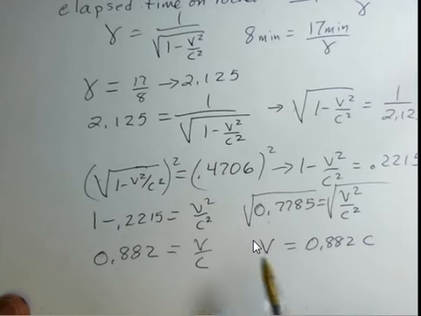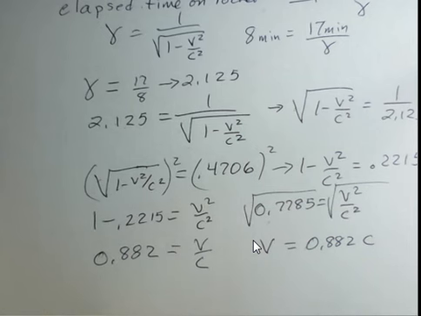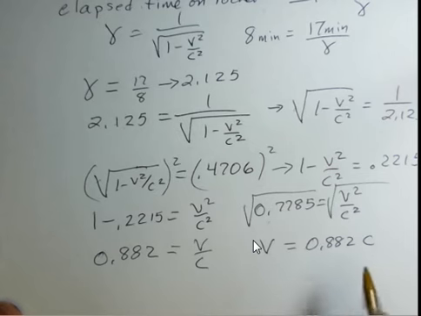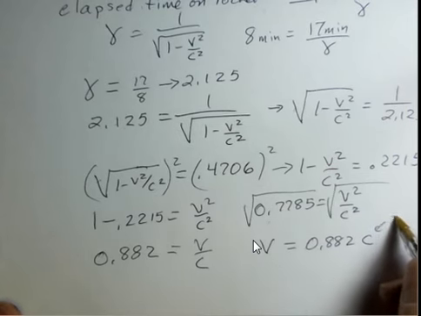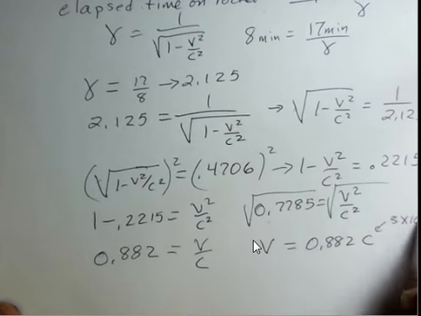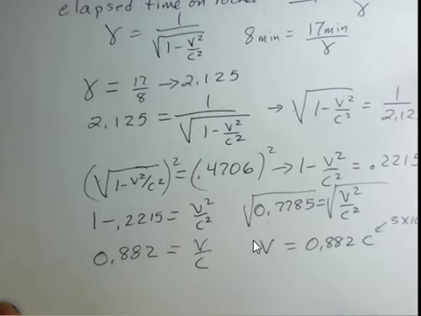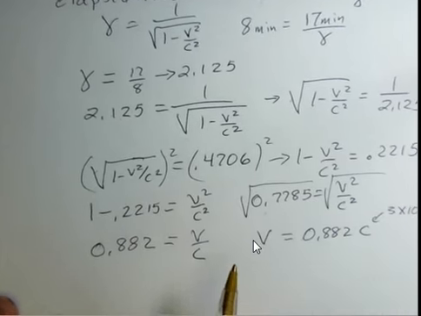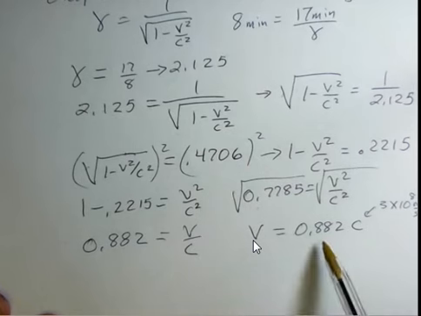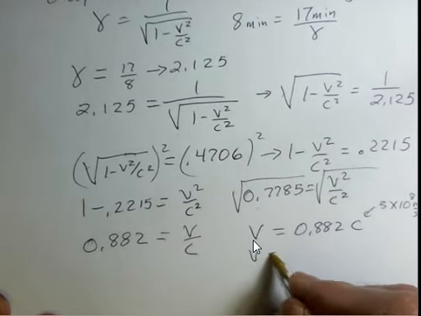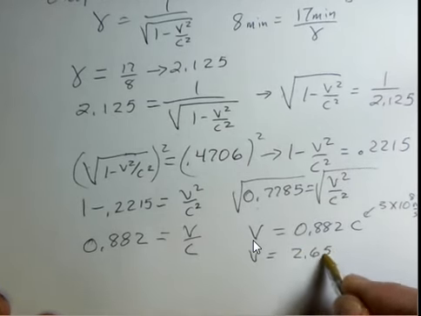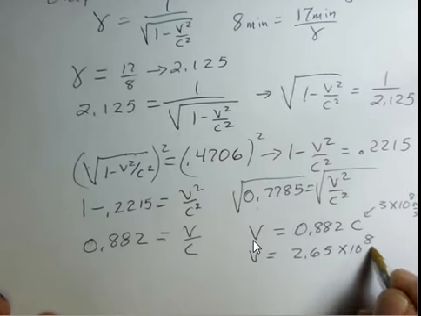We can't have a rocket that's moving faster than the speed of light, so this number is reasonable in that sense. If you want to, you can go ahead and put 3 times 10 to the 8th here for the value of c, and multiply by 0.882. So that speed would be 2.65 times 10 to the 8th meters per second.